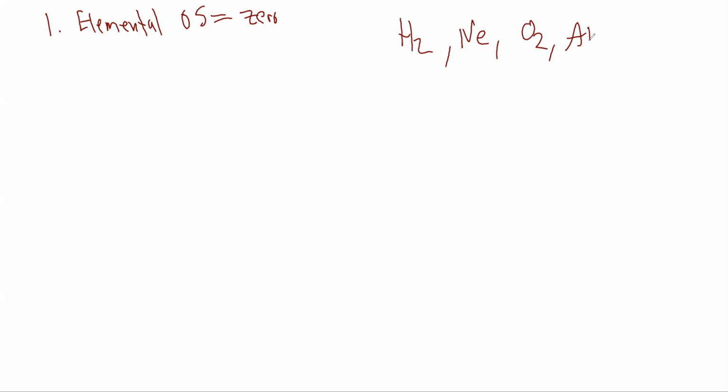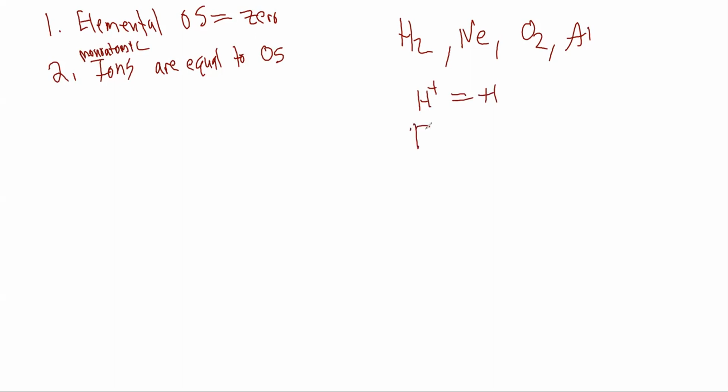That also makes it easy when we talk about ions. Ions are equal to the oxidation state when it's just one atom. So if we look at H+, it's got a +1 charge, and so its oxidation state is +1.